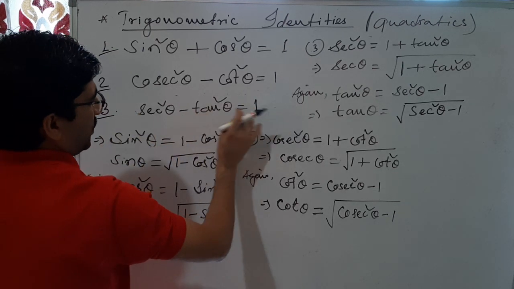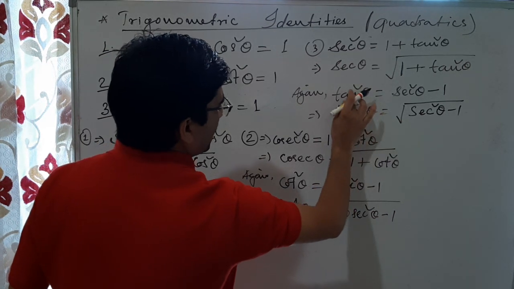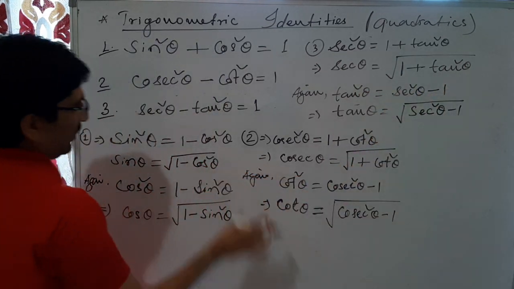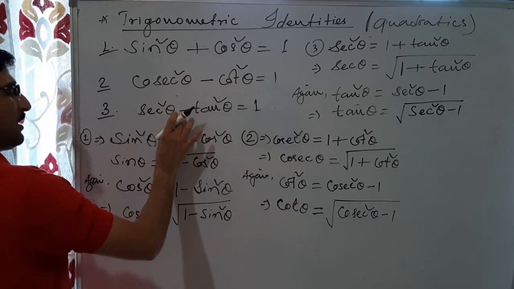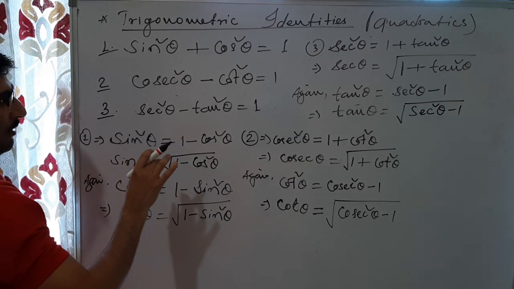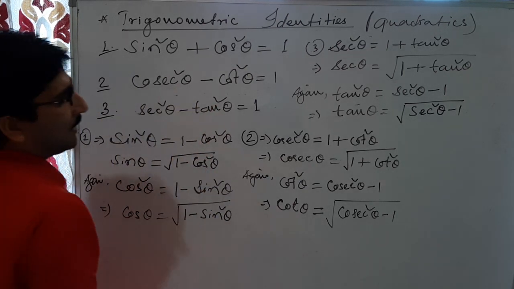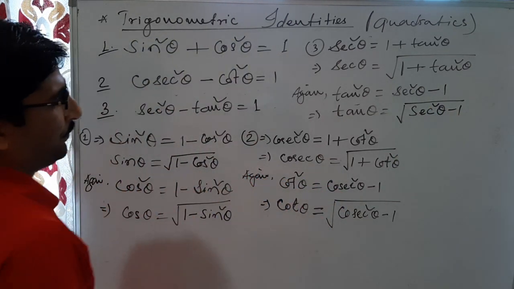Then tan becomes positive. Tan square theta is equal to sec square theta minus 1. Then tan theta equal to square root of sec square theta minus 1.